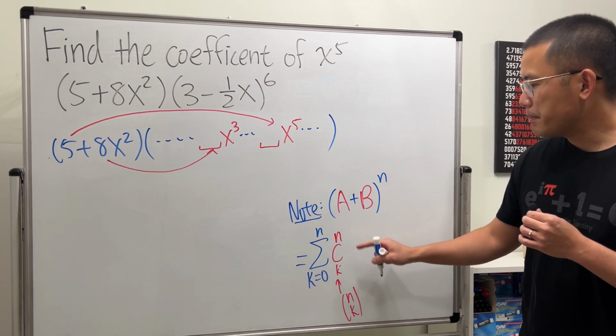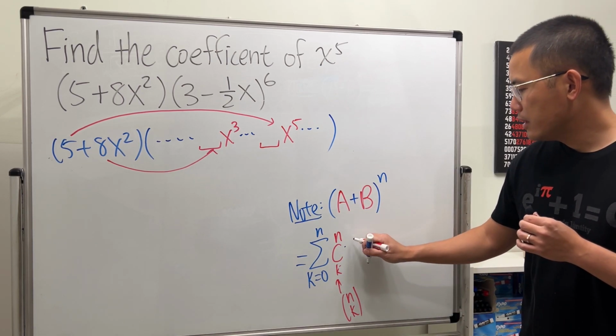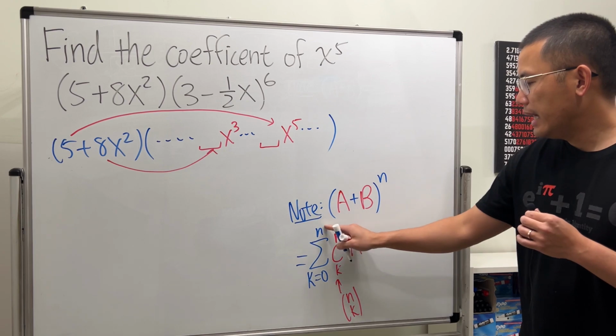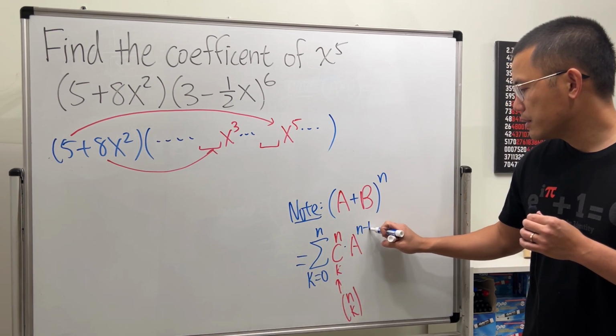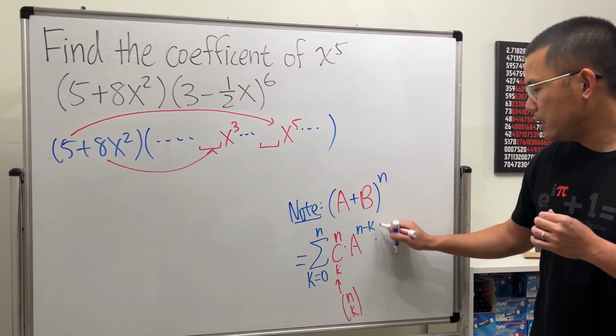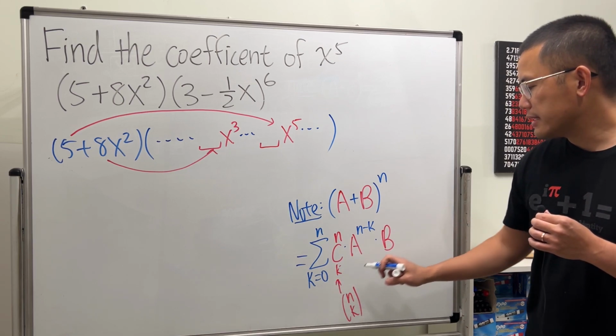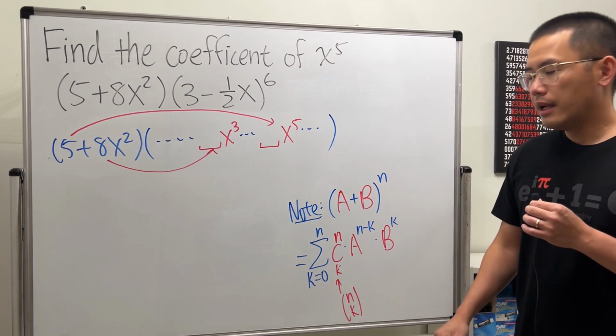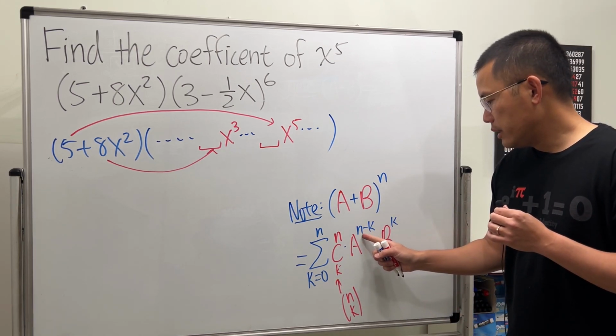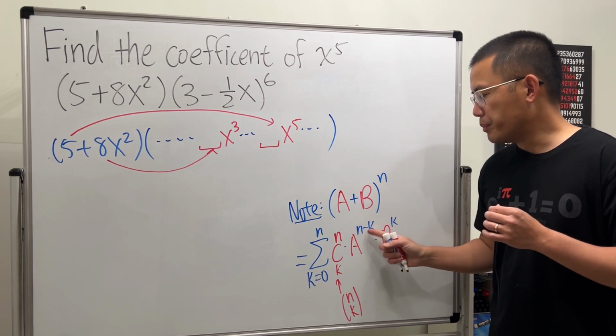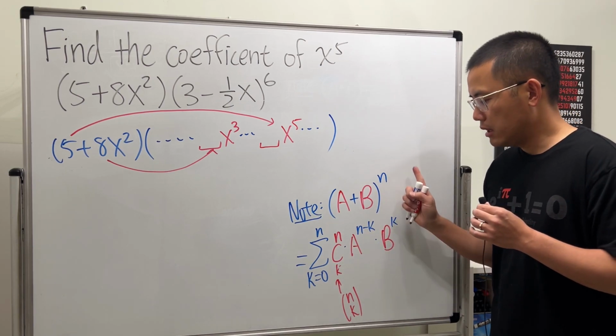Then we are going to multiply by a raised to the n minus k power, and then times b raised to the k-th power. So one thing to remember is that these two powers, they will always add up to be n. Keep that in mind.